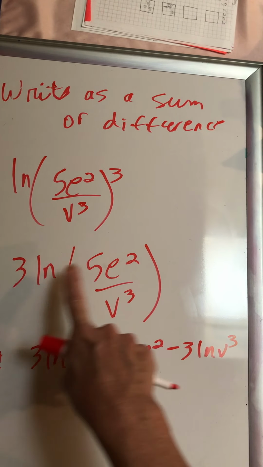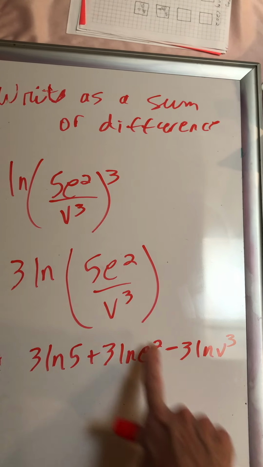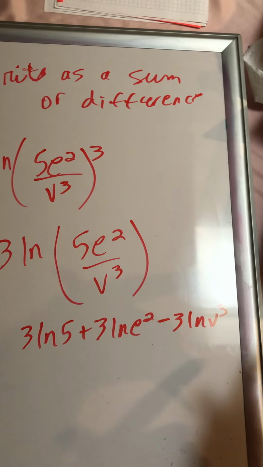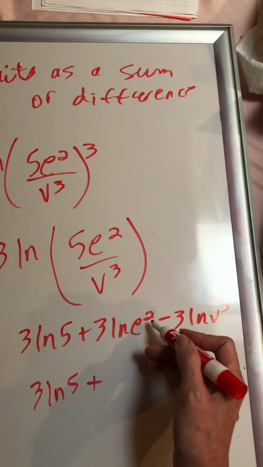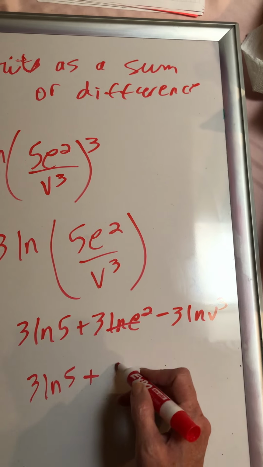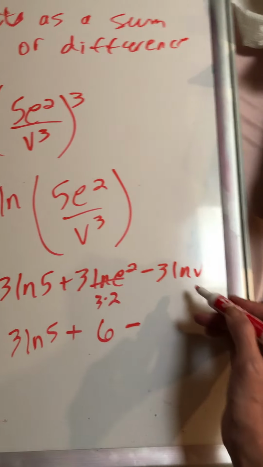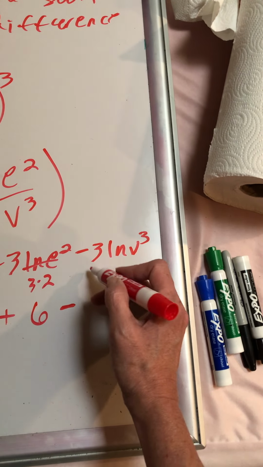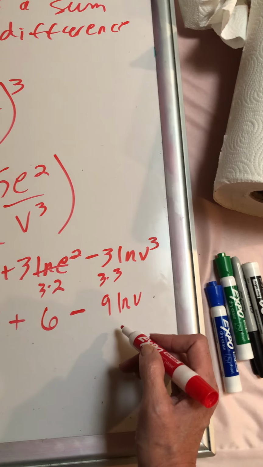So 3 ln 5, 3 ln e squared, and 3 ln v cubed. Then you fix anything you need to fix. 3 ln 5 doesn't need to fix. That 2, well, actually, the ln e cancels. So that's just 6, because 3 times 2 is 6. Minus, on this one, this 3 right here needs to come in front. So you'd have 9 ln v.